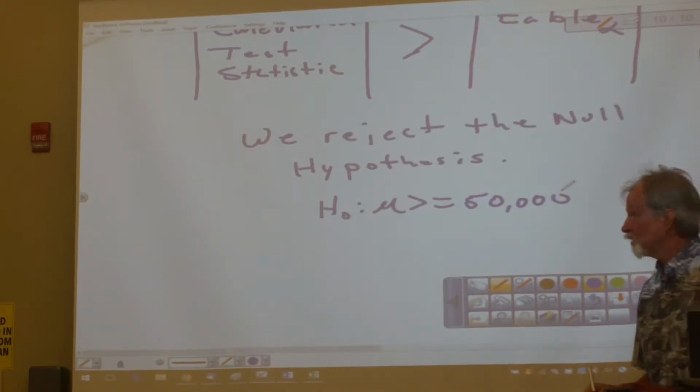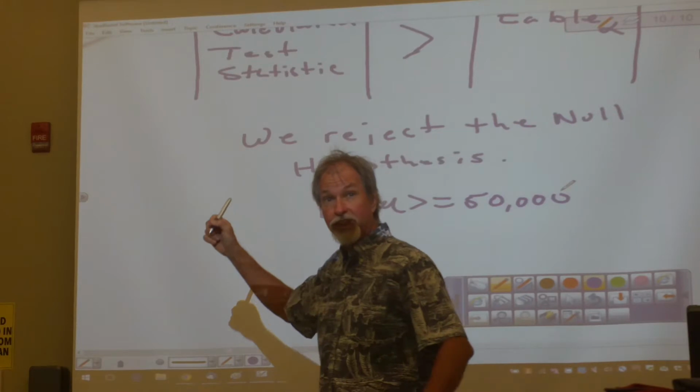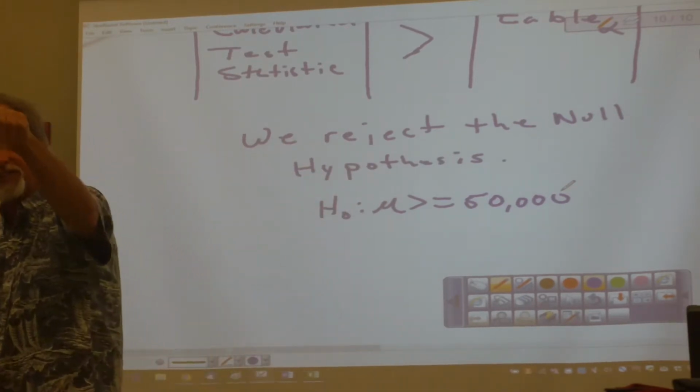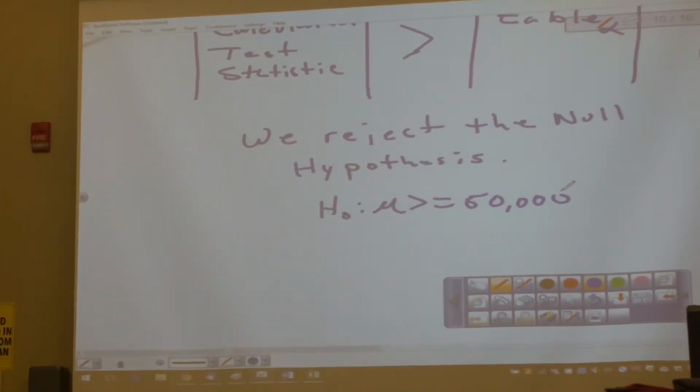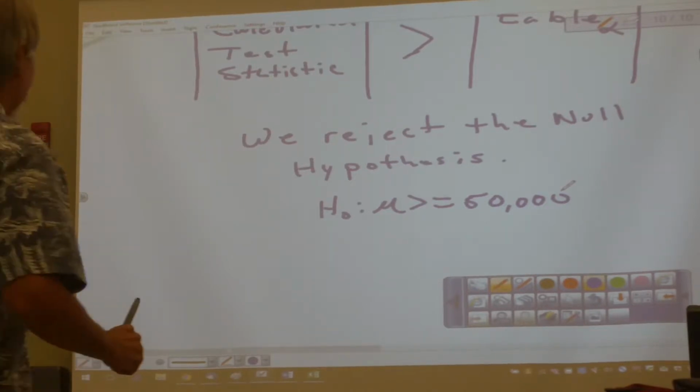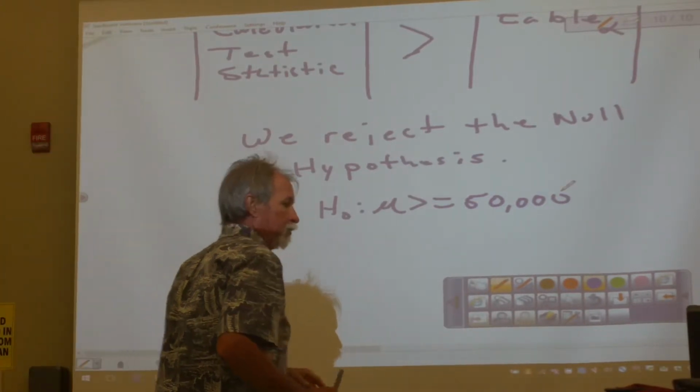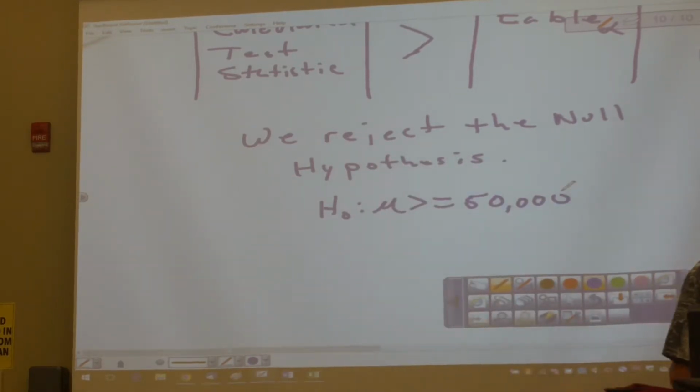Greater than 50,000? Greater than or equal to, because the null hypothesis has always got to have an equal sign in it, right?